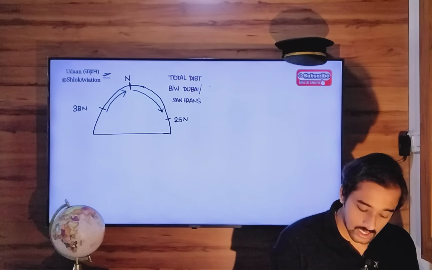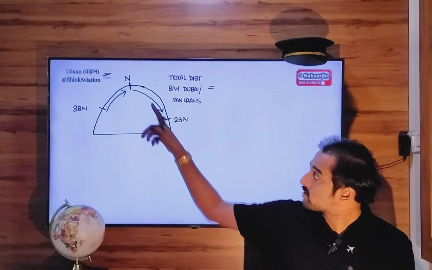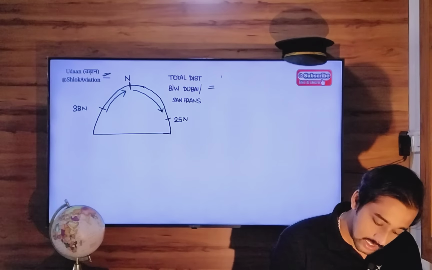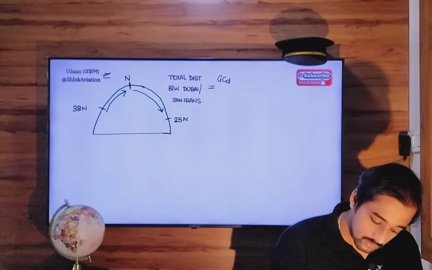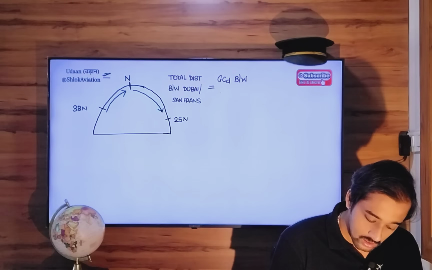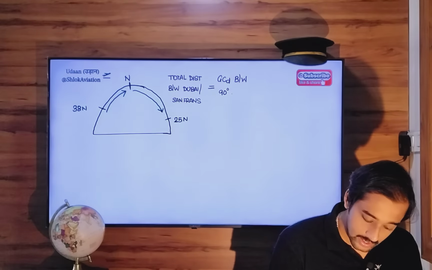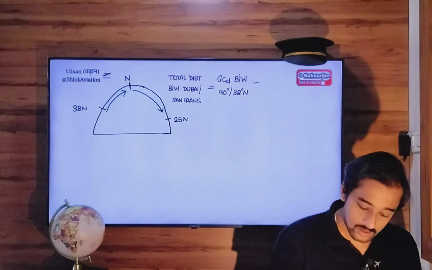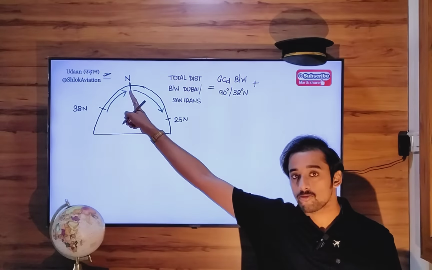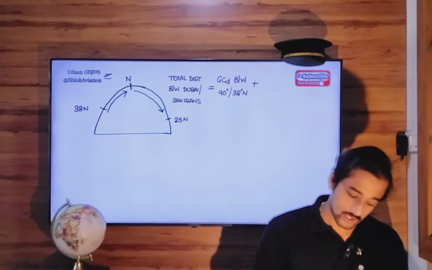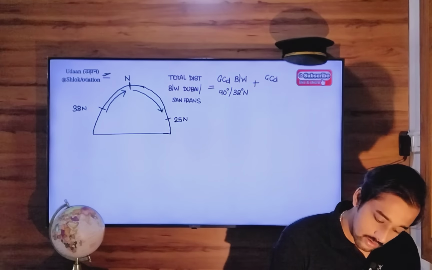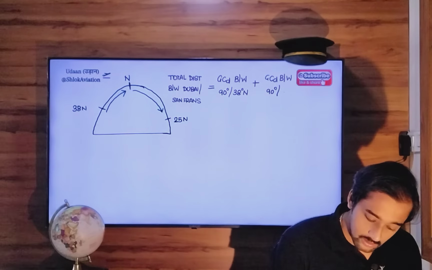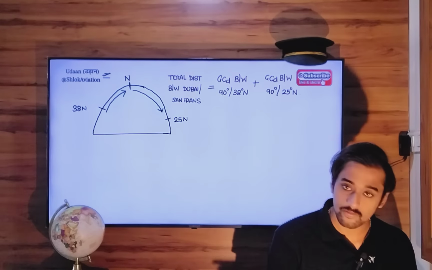It is equal to the great circle distance between the North Pole, 90 degrees, and 38 degrees north, plus the great circle distance between the North Pole and 25 degrees north.